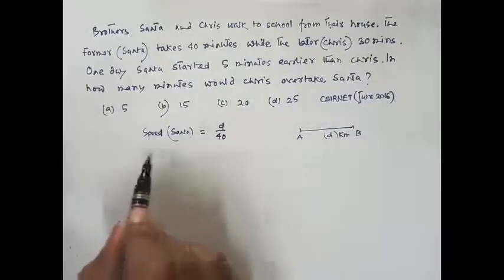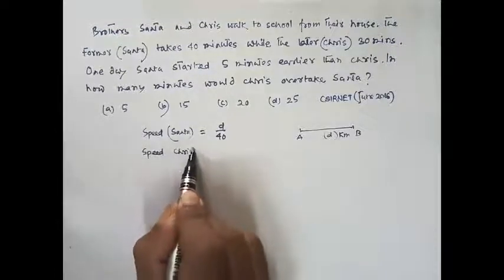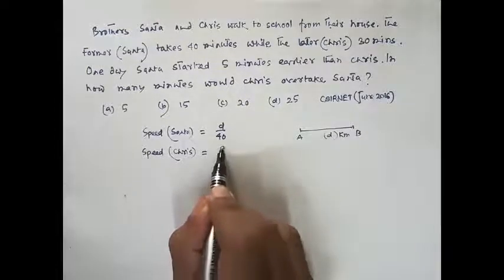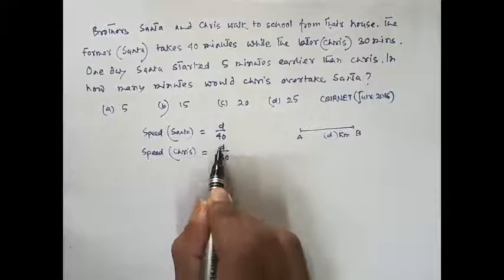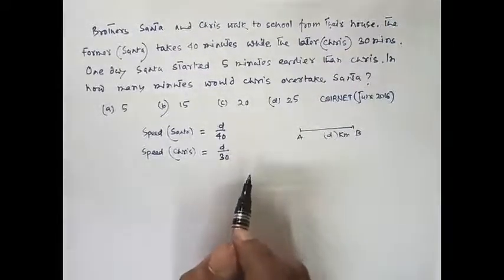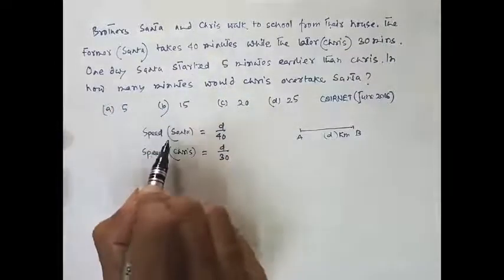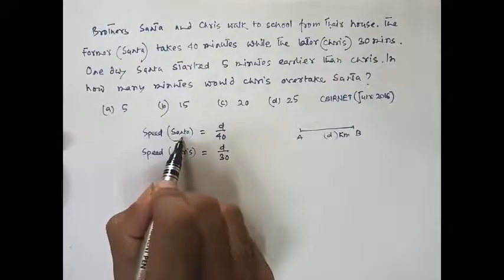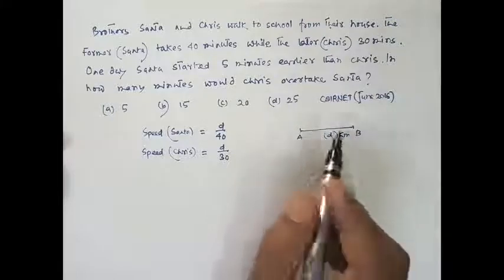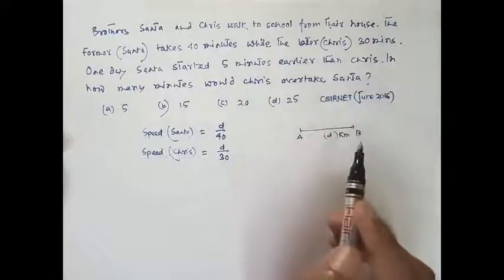Then it is said that Chris walks faster than Santa and he takes 30 minutes, so his speed will be d by 30 kilometer per minute. One day, Santa started 5 minutes earlier than Chris. Then it is asked, in how many minutes would Chris overtake Santa?